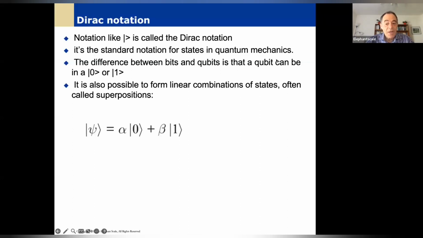So the qubit can be a 0, it can be a 1, but it also can be a combination of 0 and 1. The first way to explain this is to say that it can be 0 with the probability of alpha, which sounds just like it sounds. That's easy.